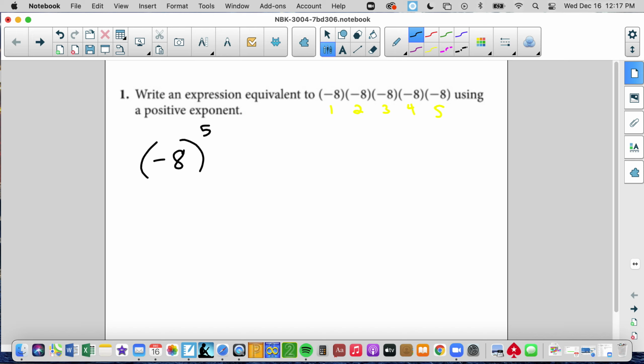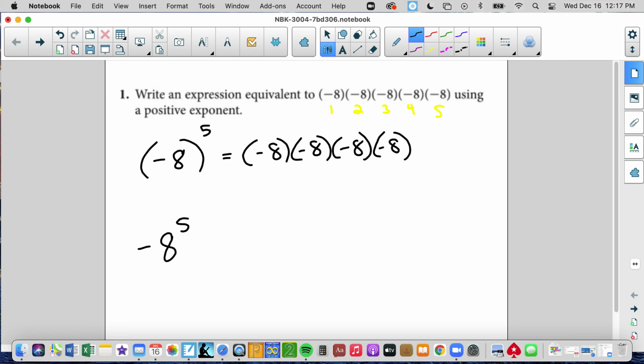Notice there's a quantity, because if we don't have that quantity, this is equivalent to -8 times -8 times -8, as we see -8. This, however, without the parentheses, is the opposite of 8 to the 5th. So the base in that example, the base of this exponent is 8.